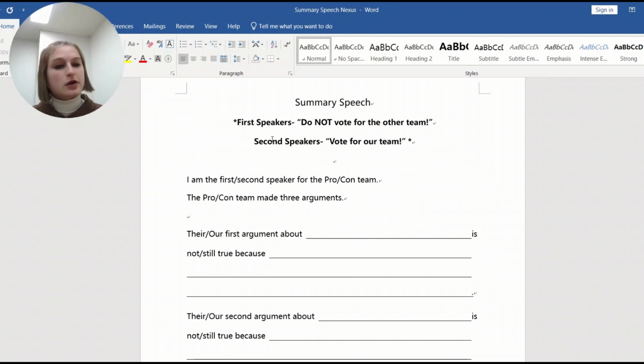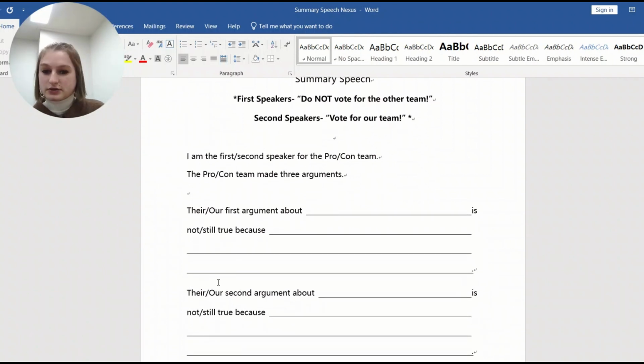And then the second speaker always says, vote for our team. Why are our team's arguments right? So you'll circle everything and write our first argument about this is still true because this, or their circle second argument about blank is not true because blank. So again, you're telling us why their team is wrong or why your team is right.